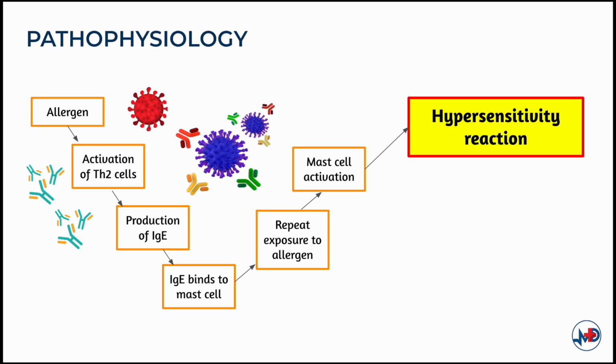Sensitization occurs at first exposure, producing allergen-specific IgE antibodies that attach to mast cells. When there is repeated exposure to the same allergen, these allergens will bind to the antibodies present on the surface of the mast cells, causing release of inflammatory mediators like prostaglandins, leukotrienes, and histamine, which in turn causes bronchospasm, triggering an asthma attack.